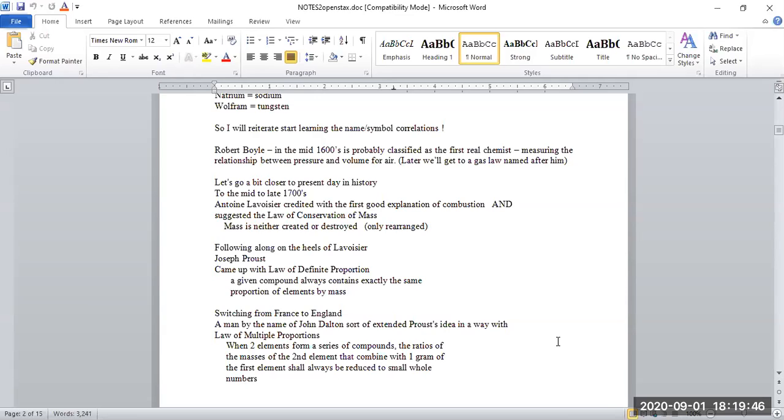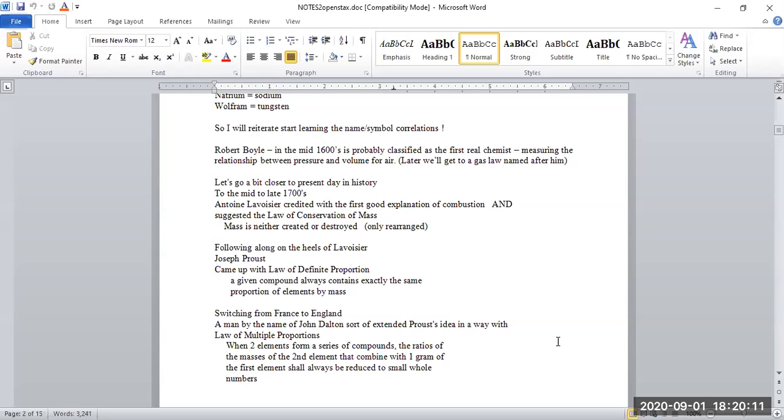I mean, okay, you set stuff on fire, it burns, and you have ashes. He actually did things like collect the ashes, but also collect the gases that were put off when things burned. So he is the guy who gets credited with the law of conservation of mass.